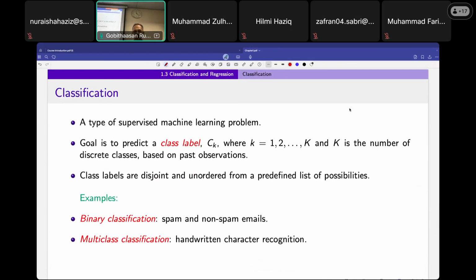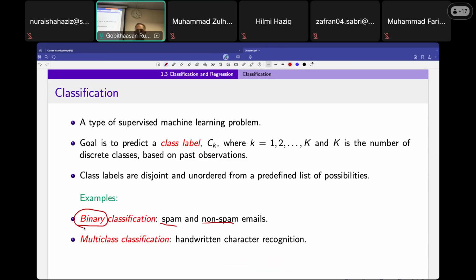So now, a very brief story on classification. In the previous example of cat and dog, I'm sure you understand what a classification is. If you have only two classes, for example, spam email and non-spam email, then we call it binary classification, because there are only two classes.